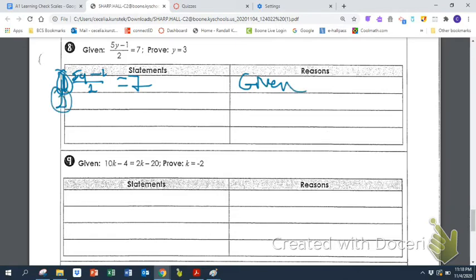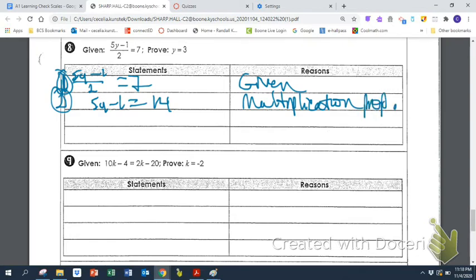And then on number 2, we are multiplying both sides by 2. So if we do that, we end up with 5y minus 1 is equal to 14. And we call that our multiplication property. Okay?